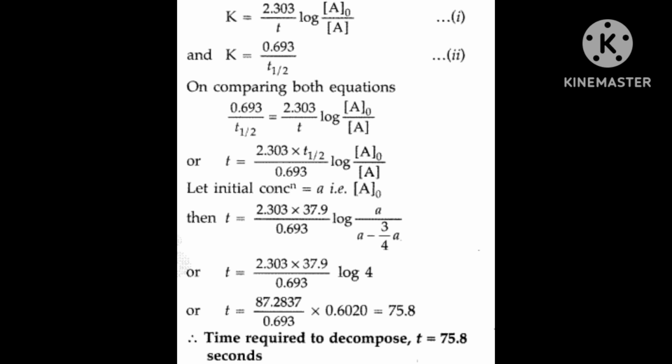Keeping this concept in mind, PA, PB and PC are the partial pressures of gases A, B and C respectively.